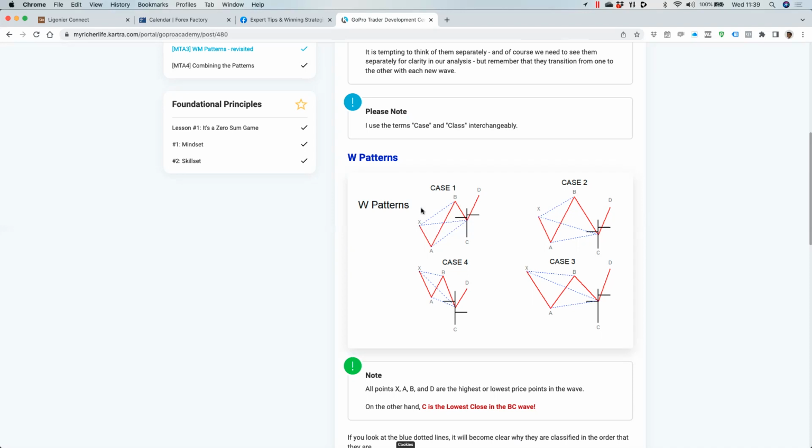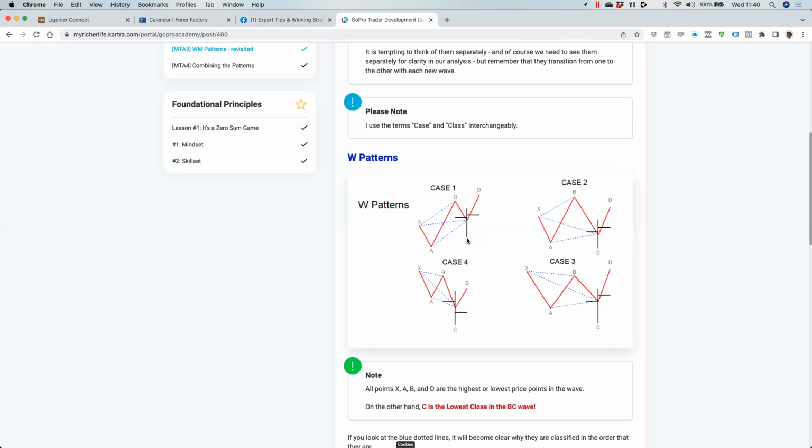You'll notice that class 2 doesn't have that. The only difference here is what I've just described, where the lowest close between B and D is in fact below X. So if you look at these lines, X to B is still pointing up, A to C is pointing up, but X to C is now pointing down. And that's C close. It's not point C. Point C is down here.